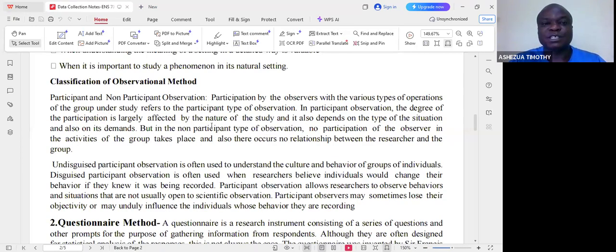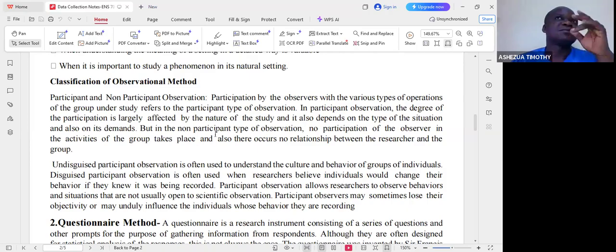But in the non-participant type of observation, no participation of the observer in the activity of the group takes place, and also there occurs no relationship between the researcher and the group. By the time you read on your own, you will know in detail the difference between participant observation and non-participant. Participant, you have to be there to take this data, but the non-participant, you mustn't be there.